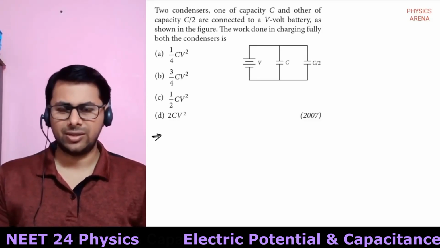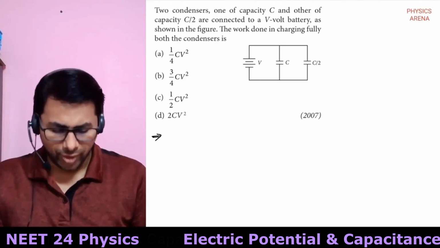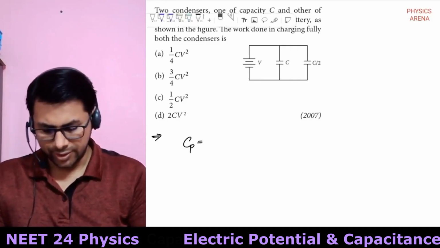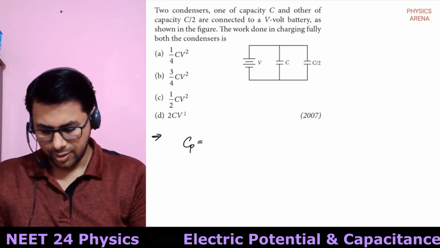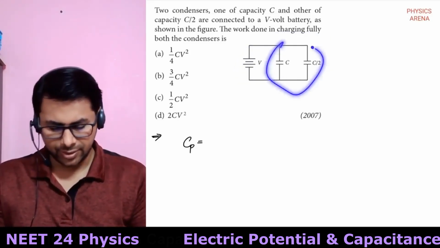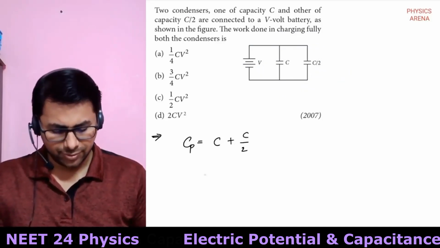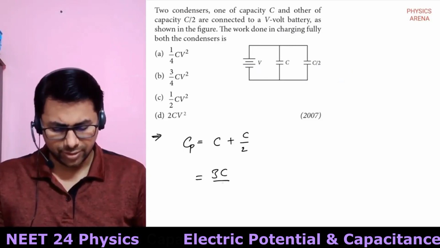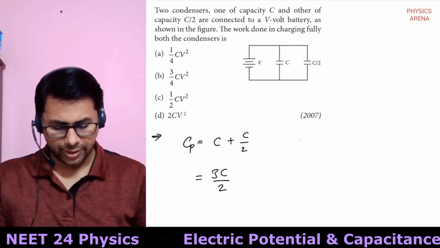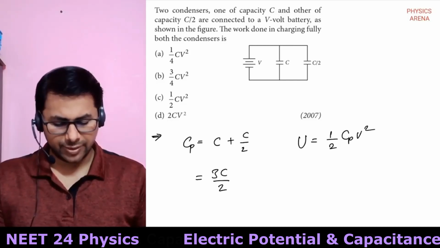It's just half of CV square, right? You have C, you have V, but what will be the capacitance? It will be Cp, because this is parallel combination of the two capacitors, right? They are connected in parallel, so it will be Cp. It is C plus C by 2, which is 3C by 2, right? And therefore, the energy or the work done will be half of Cp into V square.